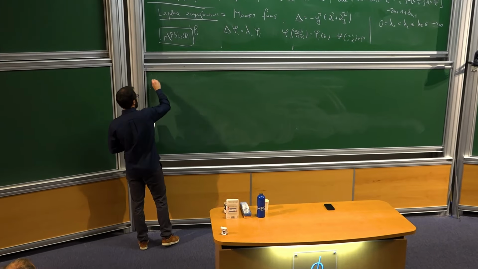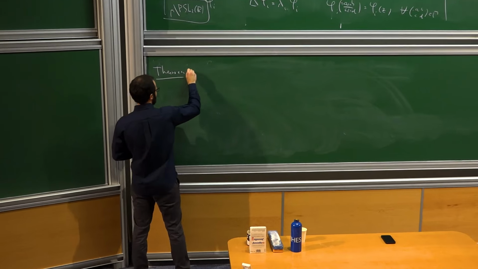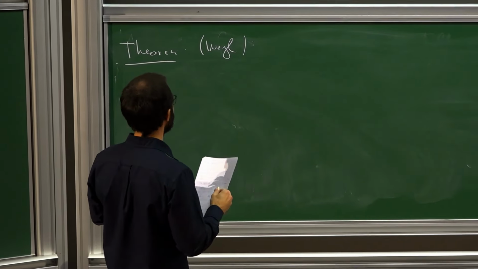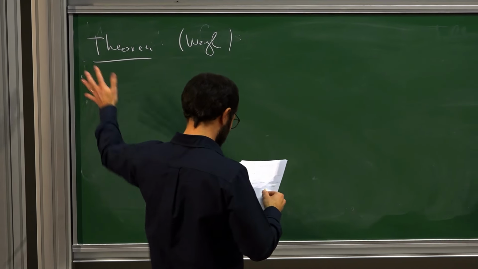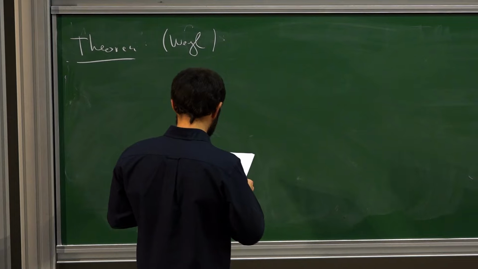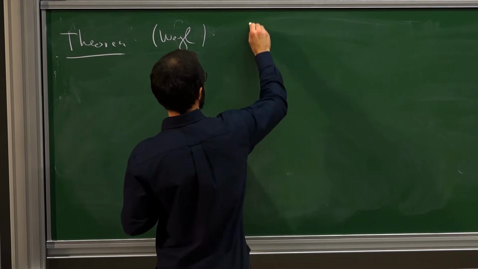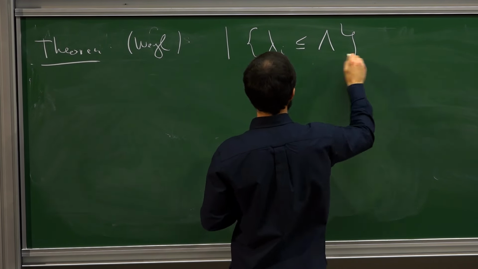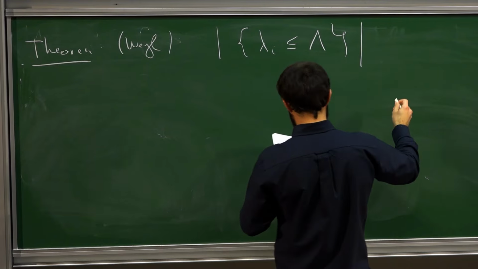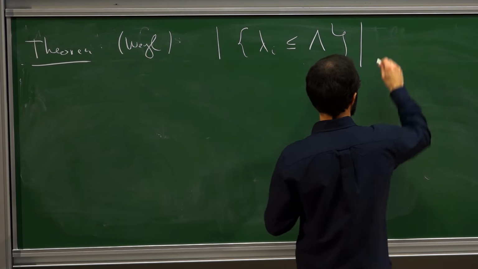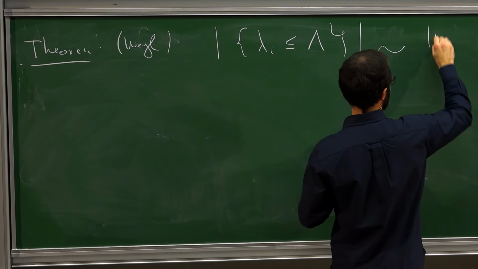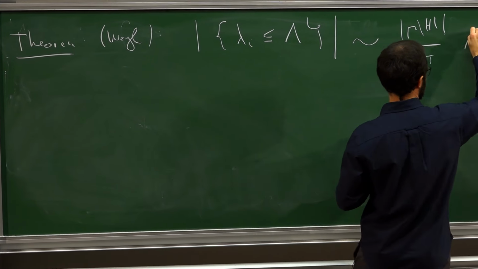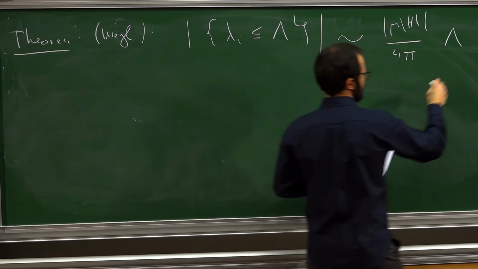Okay, so the theorem of Weyl, which will be important later on, but in a different meaning than the Weil bound that I'll talk about at some point, is the statement that when you count the number of eigenvalues smaller than some cutoff capital lambda, the size of this set goes like the area of the surface over 4 pi times capital lambda, as capital lambda goes to infinity.